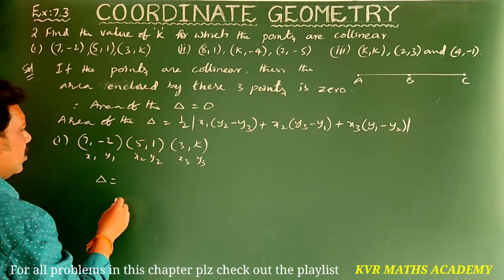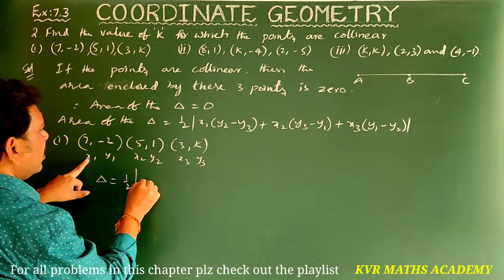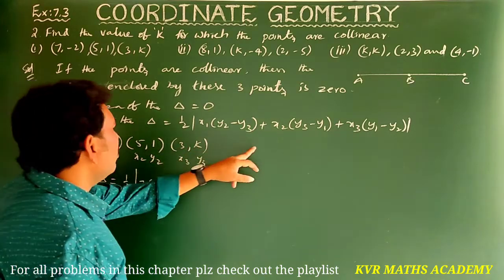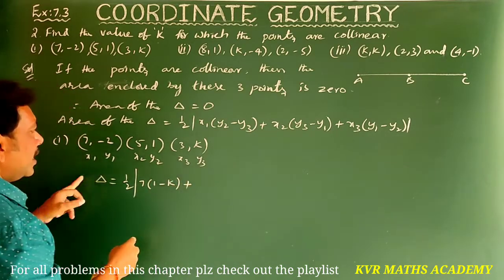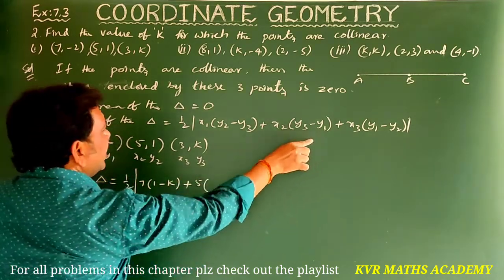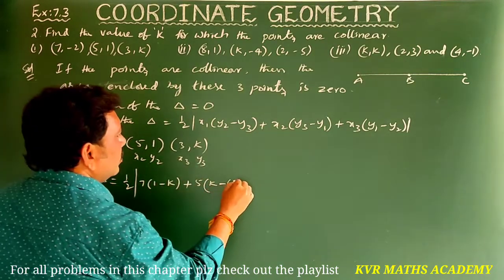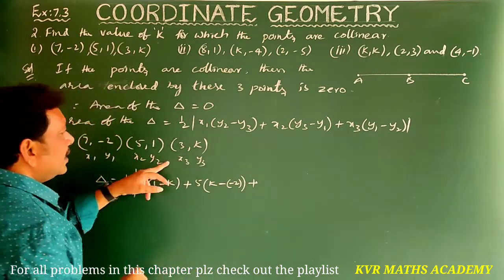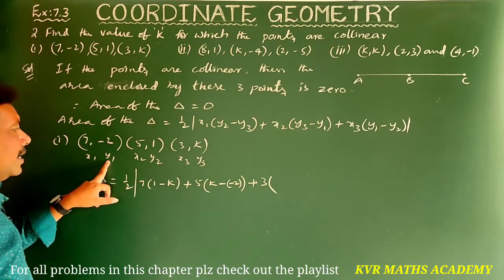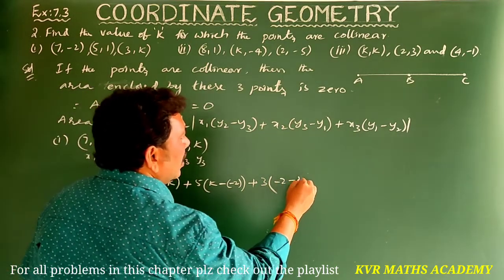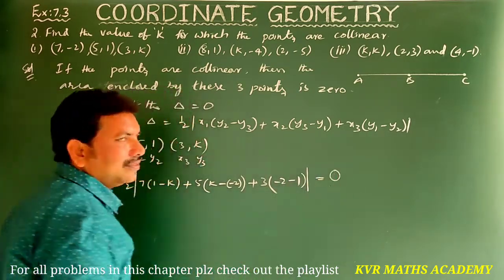Delta, which means the area of the triangle, is half modulus of x1, that is 7, into (y2 minus y3), that is (1 minus k), plus x2, that is 5, into (y3 minus y1), that is (k minus minus 2), plus x3, that is 3, into (y1 minus y2), that is (minus 2 minus 1), which is minus 3. That should be equal to 0, right?